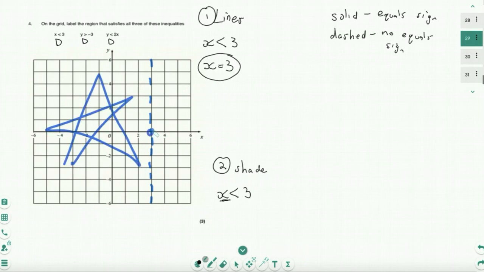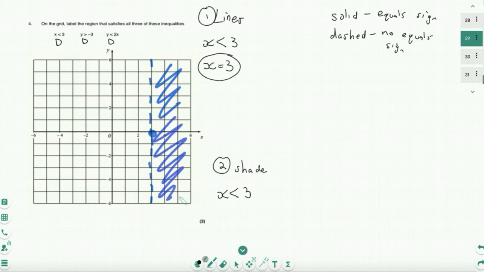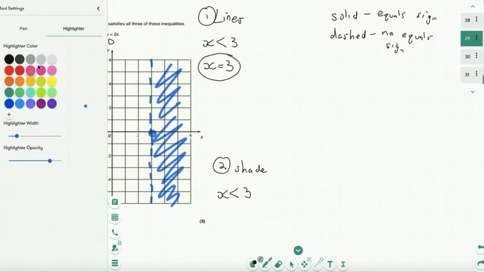Because this is 3, and we want things which are less than 3. So what we do is usually I like to shade in the unwanted side, okay? So since we want the side to the left of the line, we're going to shade in this area here. All right? And that's the first one all done. That's finished. Now, let's look at the next one.